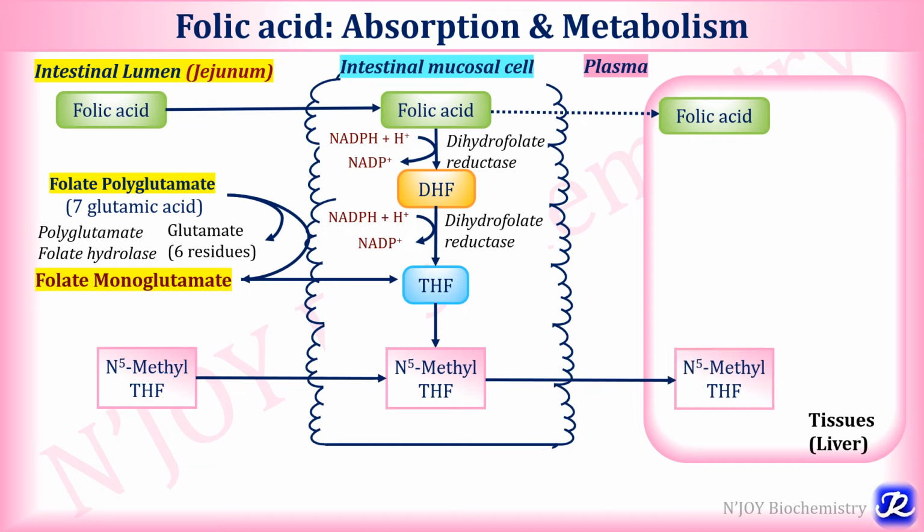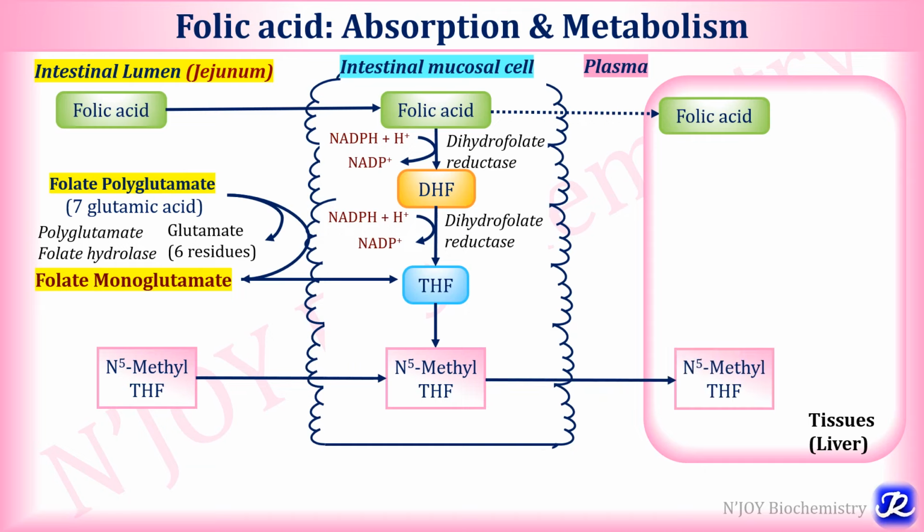Now let's see the various sources and utilization of tetrahydrofolates, various forms of tetrahydrofolate. So as we have seen, there are various forms of tetrahydrofolate. For example, N10-formyl tetrahydrofolate, N5-N10 methinyl tetrahydrofolate, N5-N10 methylene tetrahydrofolate, and N5-methyl tetrahydrofolate.